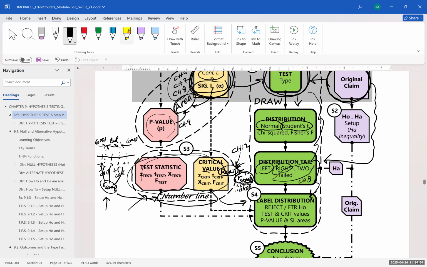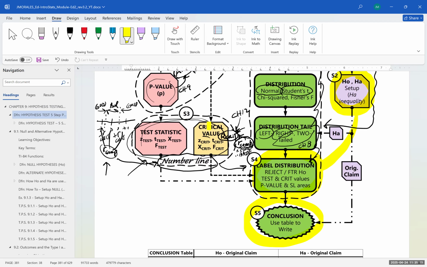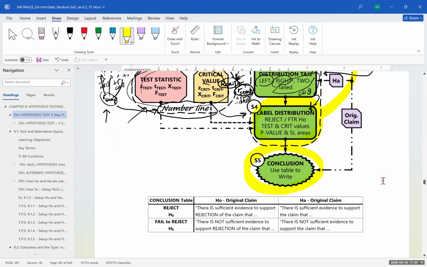What's going to be new in chapter 9 is developing our null and our alternate hypotheses and determining whether we're going to reject or fail to reject that hypothesis. And from that, we're going to end up drawing a conclusion. And the conclusion is going to get composed from this conclusion table that you'll have available to you.